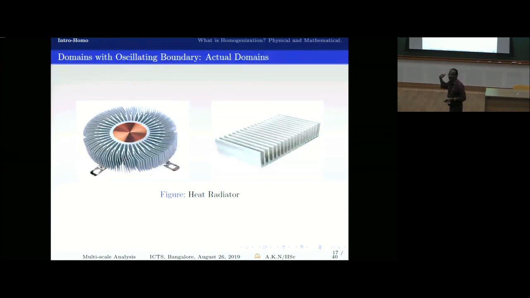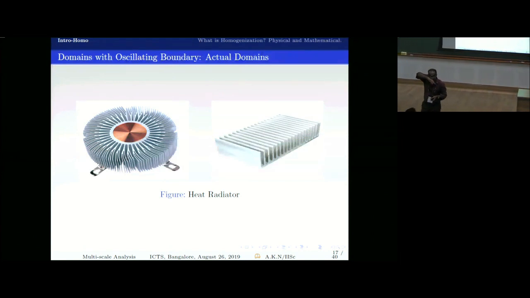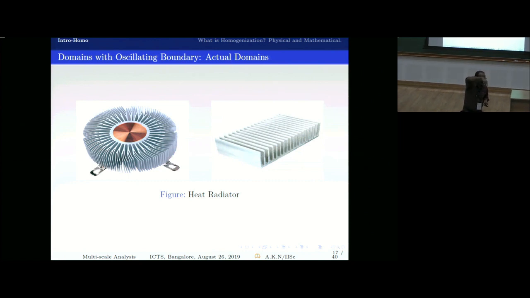So what you have is a domain, and in that domain you have a boundary, and that boundary becomes more and more oscillating. So you have again a varying domain, but not a domain with holes, but a domain whose boundary has a large number of oscillations. The domain is something like that.